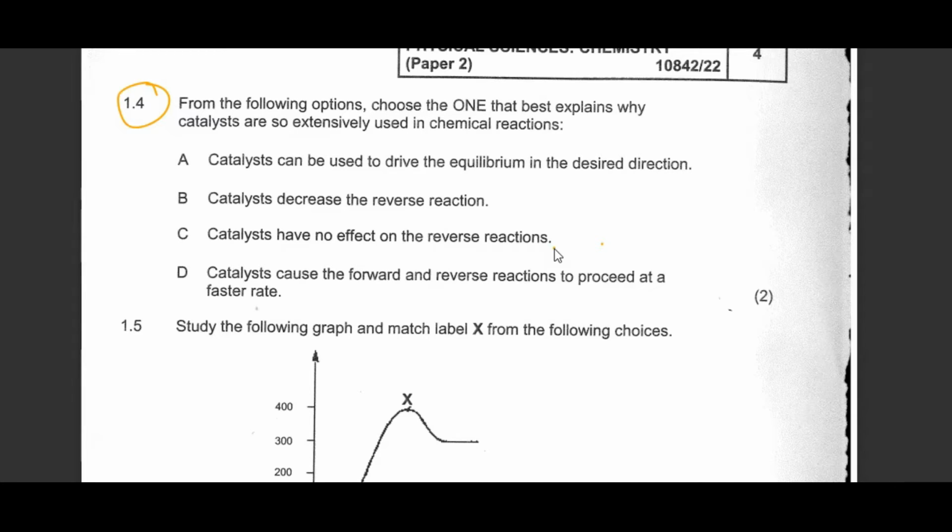So if you look at these answers, catalyst can be used to drive equilibrium in the desirable direction. Not only does catalyst decrease the reverse reaction. Not only does catalyst have no effect on the reverse reaction. That's wrong. Catalyst causes the forward and the reverse reaction to proceed at a faster rate.